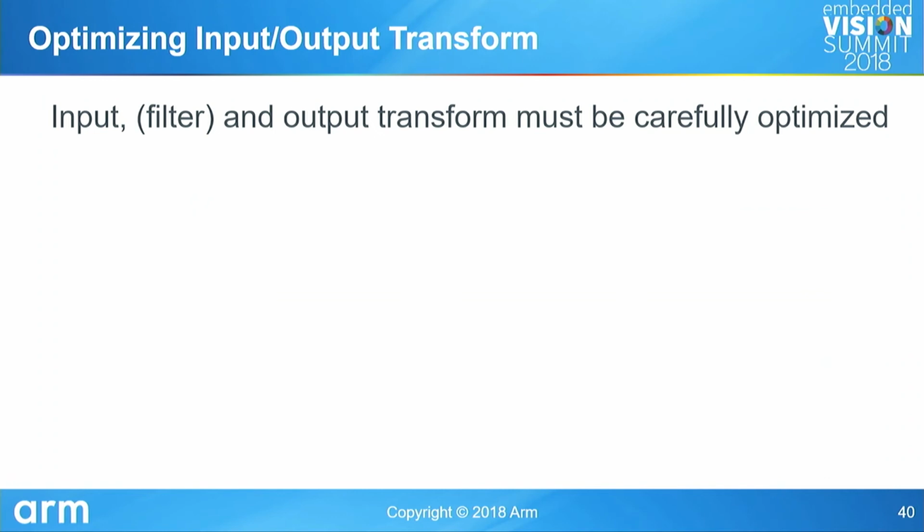So let's see the optimizations. Okay, let's talk about the optimizations for the input transform and the output transform, because if we consider just an inference problem, essentially we are not interested in optimizing the filter transformations. We have seen that we have tiny matrix multiplications.